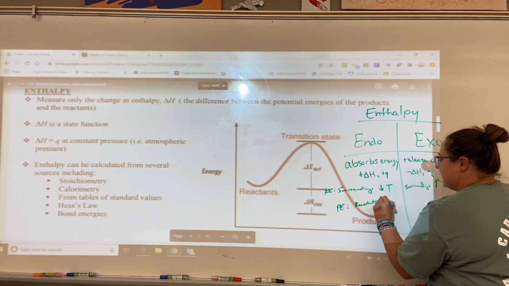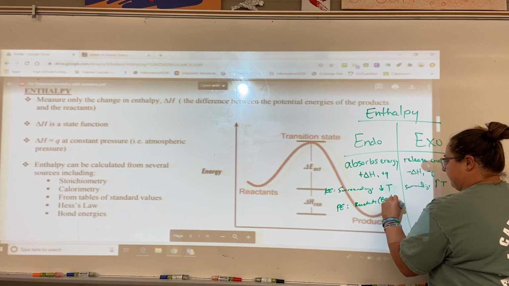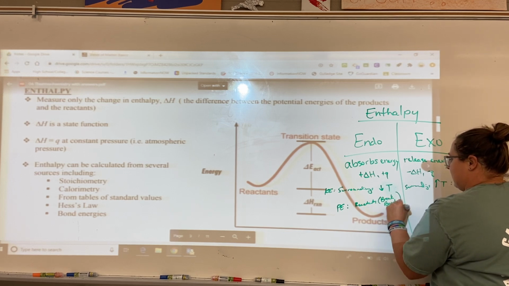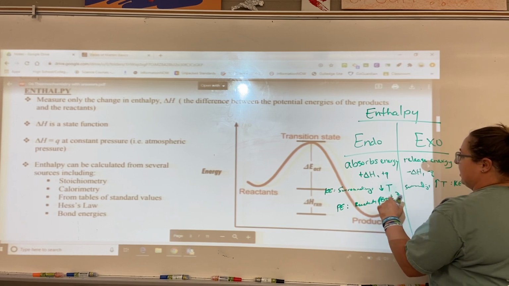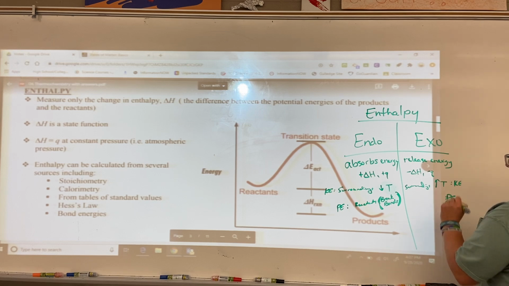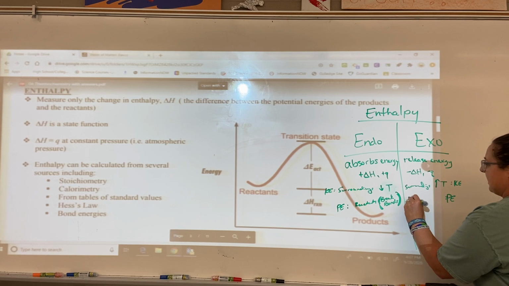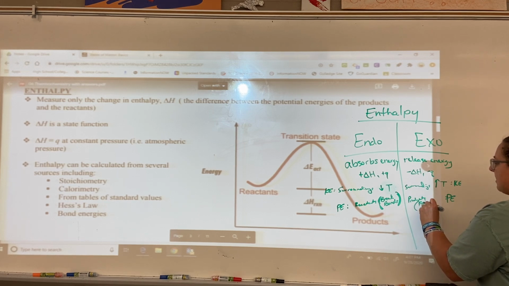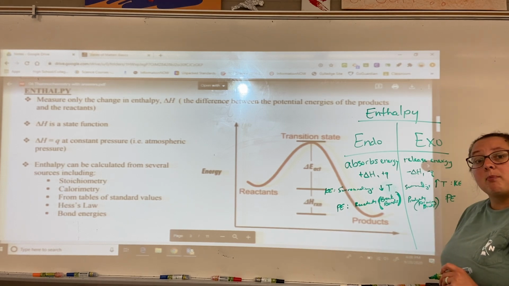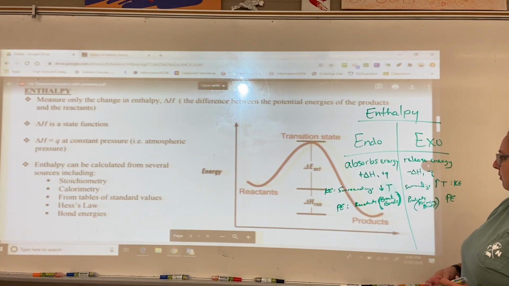So my reactants are going to break bonds, and remember, you are absorbing energy in order to break those bonds. If I am exothermic, that is referring to my product side, because in my products, I am forming new bonds. And according to that simulation, when I form new bonds, I go to a lower energy state, so that energy is released as a result.